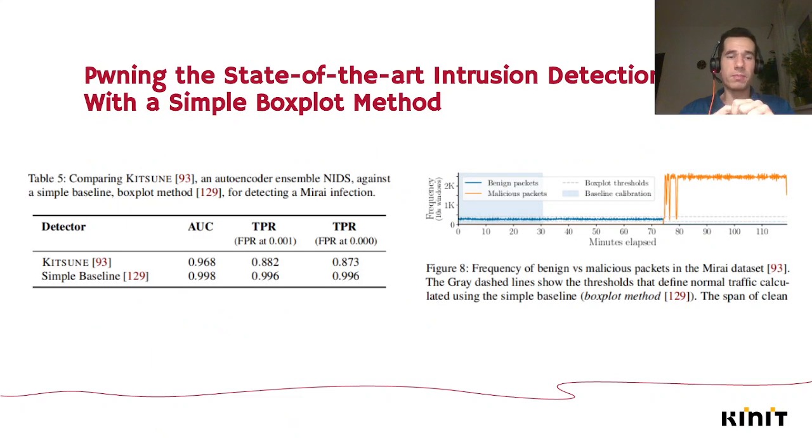Here is an example. The authors compared the state-of-the-art intrusion detection system, Kitsune, an autoencoder ensemble network intrusion detector, against a simple baseline, the box plot method, which is basically giving some threshold values. And as we can see, the simple baseline achieved a better score than the state-of-the-art intrusion detection on the dataset the authors used. Why?